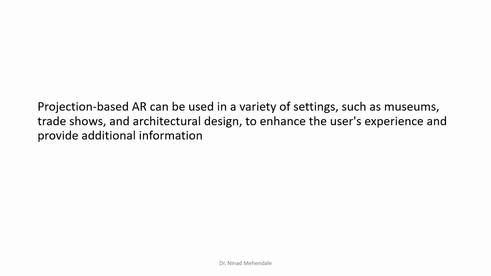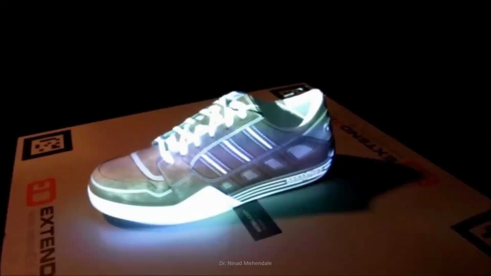So you can see they can be used in a variety of settings. One is museums, trade shows, architectural designs, and they will add to the user experience. So these are the shoes where you can change the design of the shoes. If you see a raw shoe, it is just a white shoe, but you can put different colors. These shoes were developed by Adidas, and it was demonstrated.